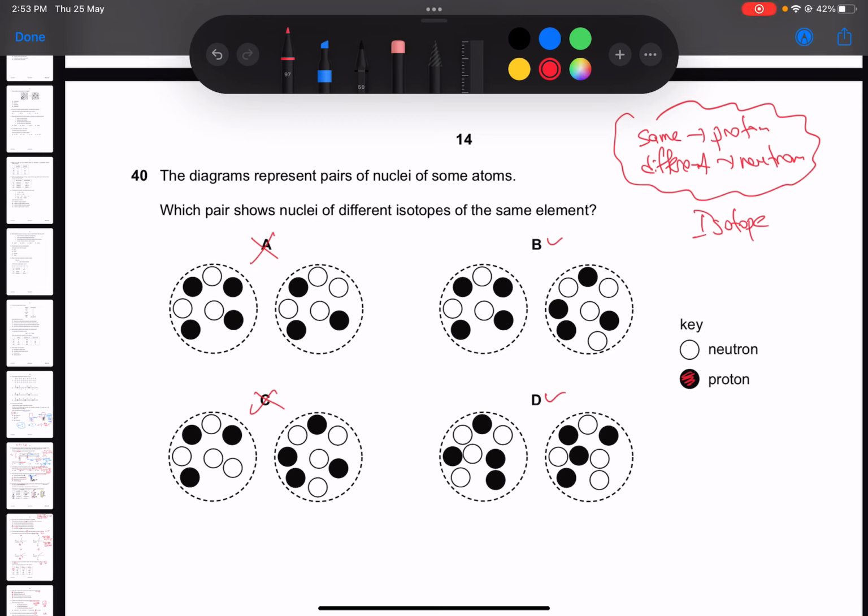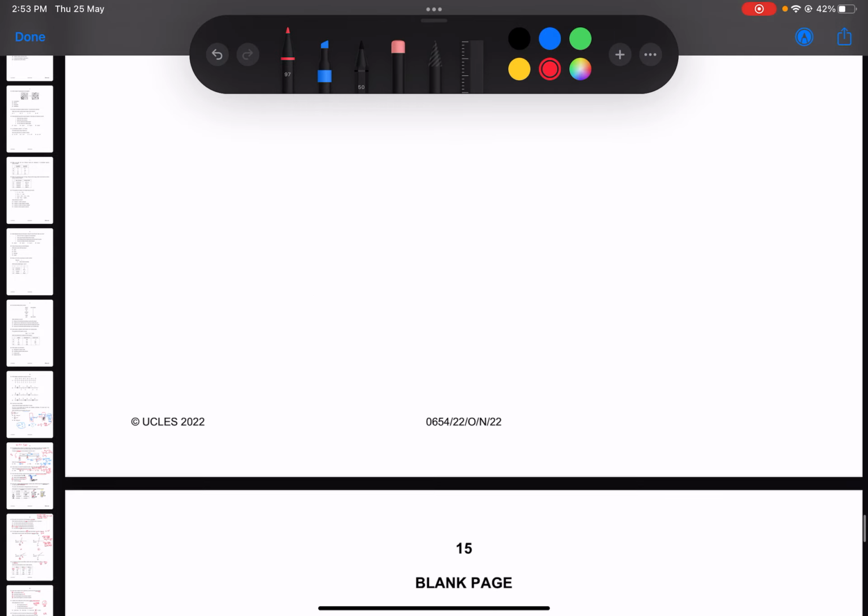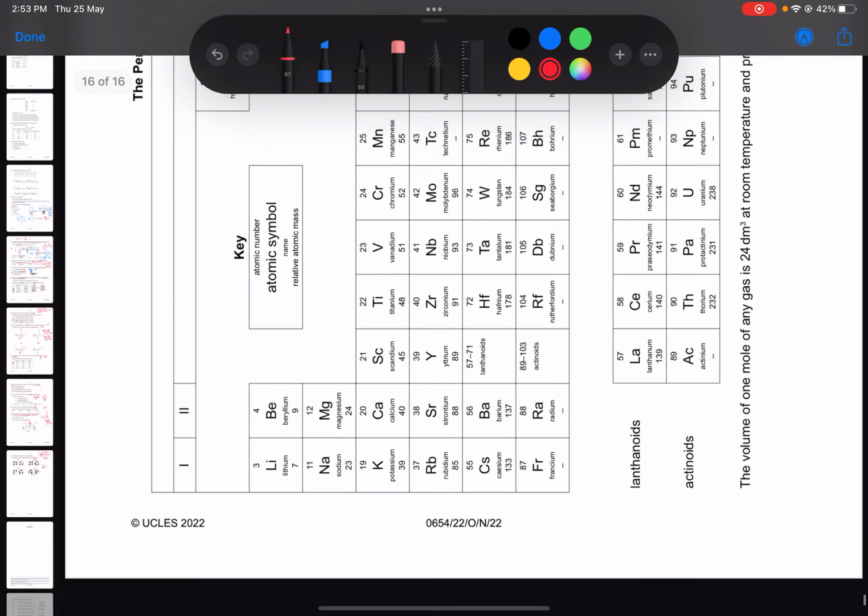B has 1, 2, 3 on the left side, 1, 2, 3, 4 on the right side. Yes, it's correct. D, 1, 2, 3, 4, 1, 2, it's the same, these seem to be the same atoms. So the answer is B here. Very easy, straightforward. End of question, guys.